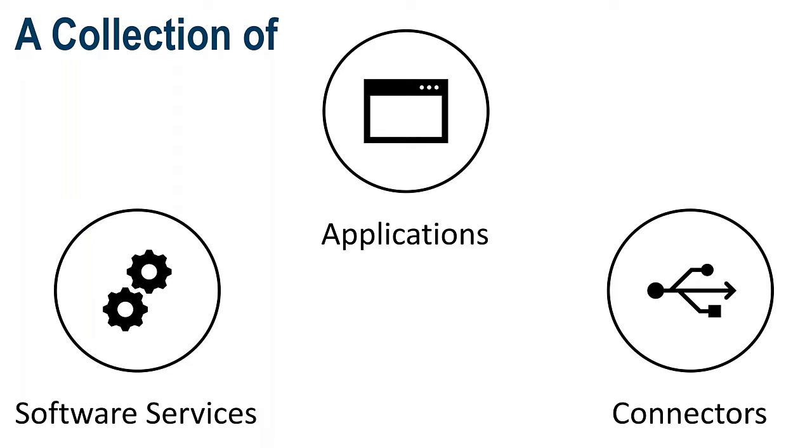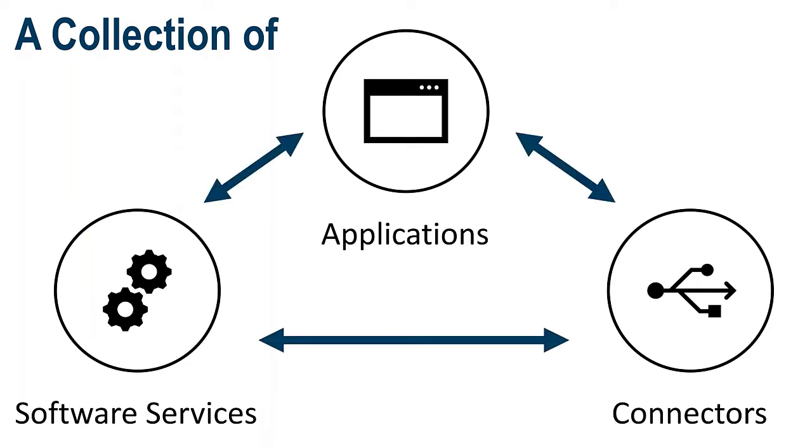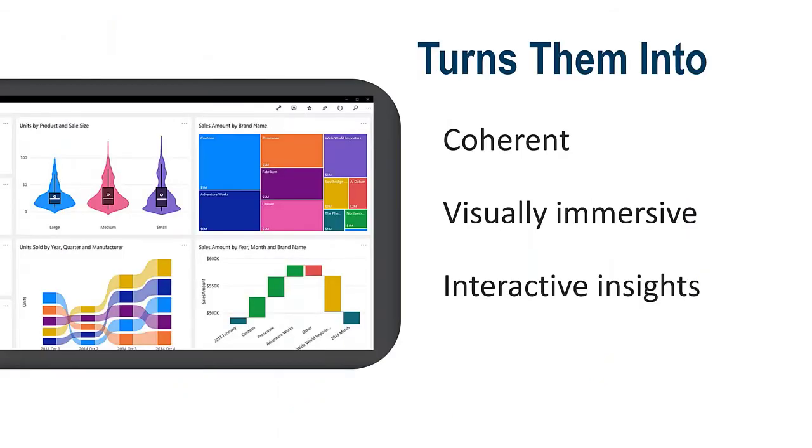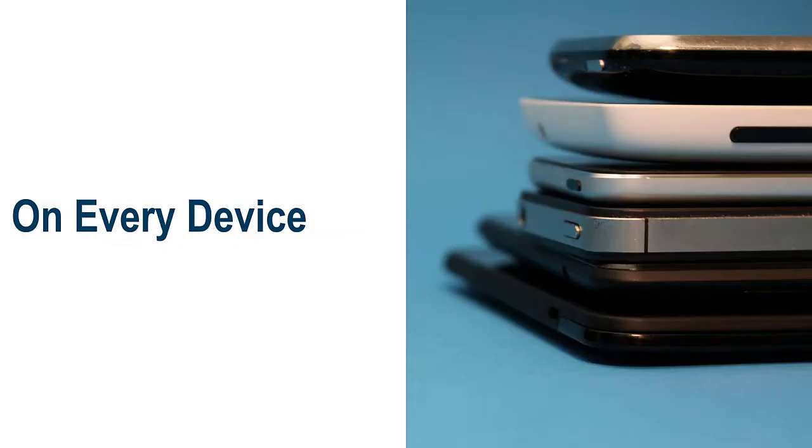We've got applications and we've got connectors, and it makes all of those things work together, and it brings all of your unrelated data sources together, and it turns them into coherent, visually immersive, and interactive insights for you on every device.